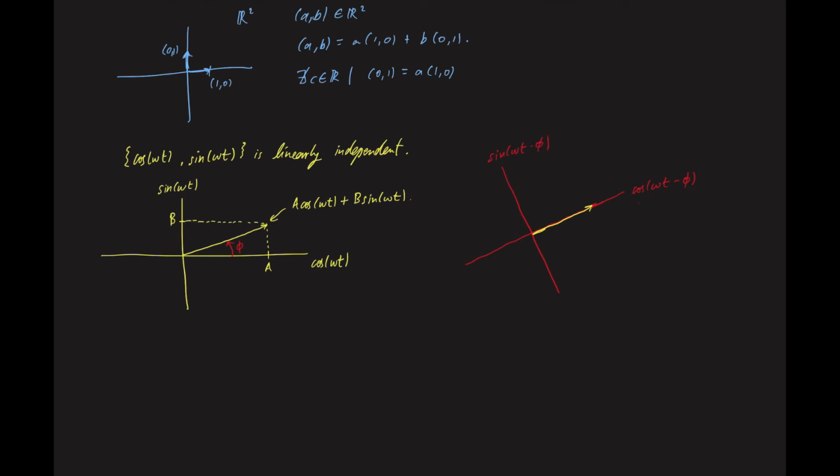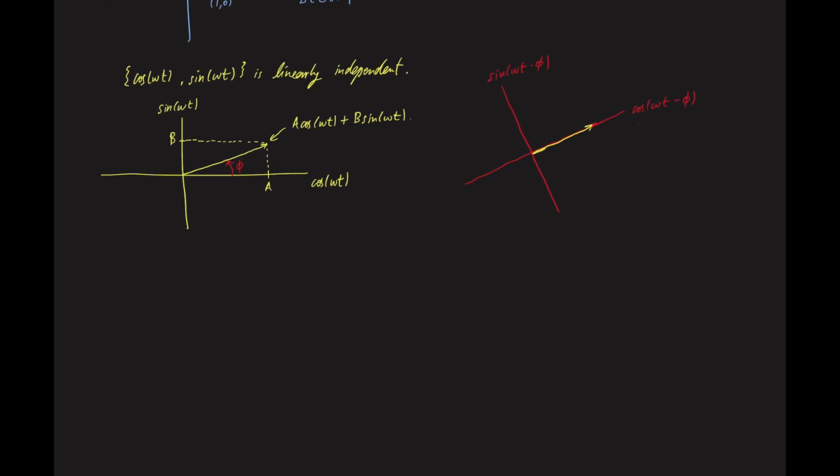Now note that the length of our original vector a cosine omega t plus b sine omega t has remained the same. The length of a cosine omega t plus b sine omega t is, well, using Pythagoras' theorem, the square root of a squared plus b squared, because this is the horizontal distance and this is the vertical distance.